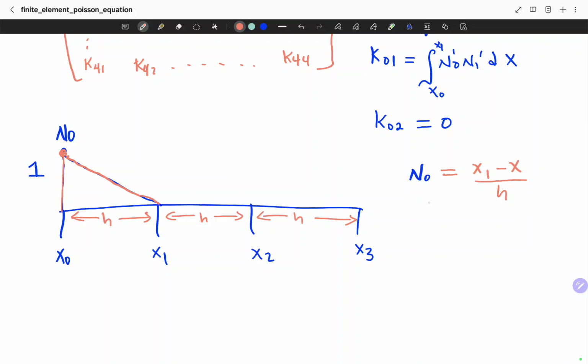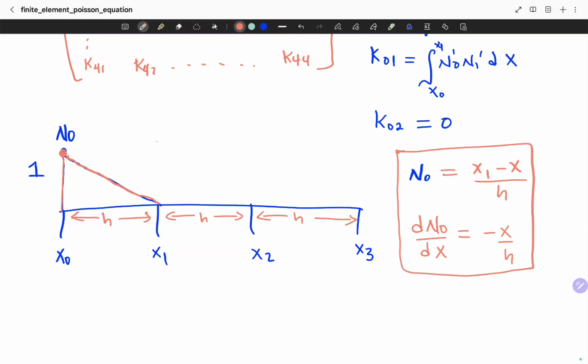So when you want to take the derivative, n0 prime, you're going to have minus 1 over h, because x1 is a constant. And that's how you get dn0. We have this.